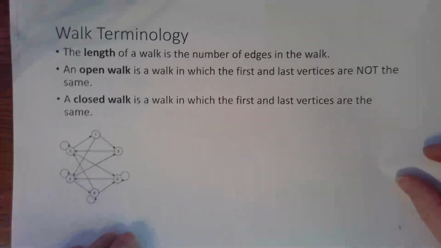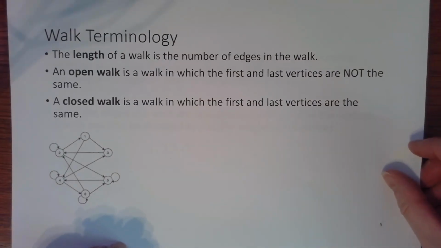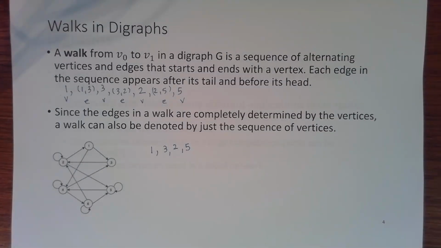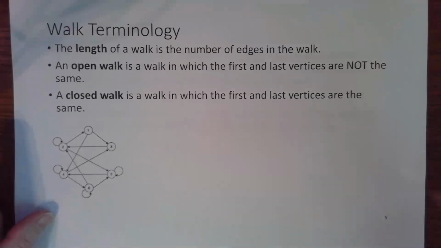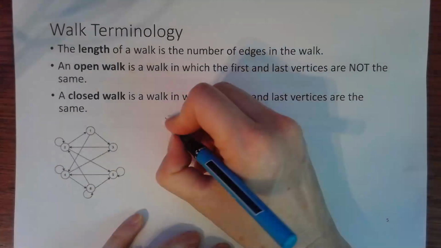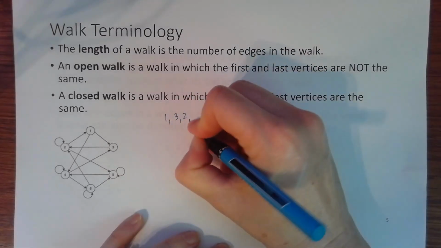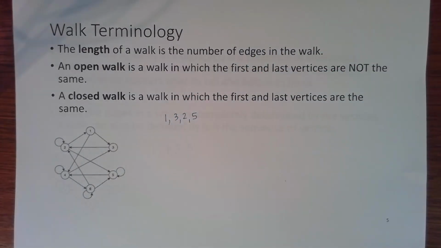And so the length of a walk is the number of edges in the walk. So in our example where we had 1, 3, 2, 5, let me write that out again. Now when you look at that, you see 1, 2, 3, 4, but it's the number of edges.